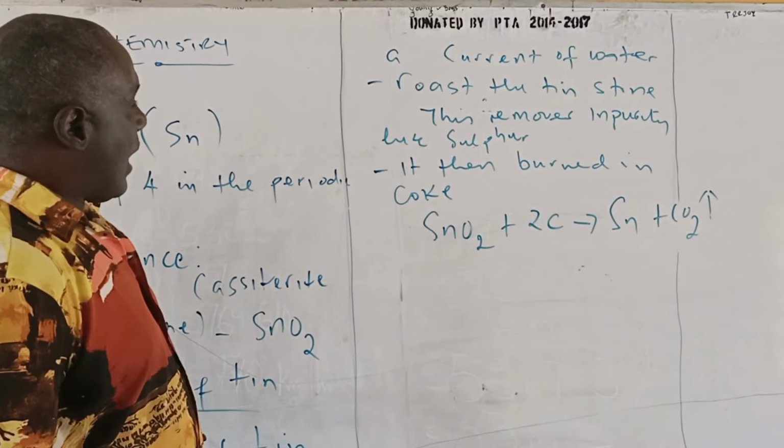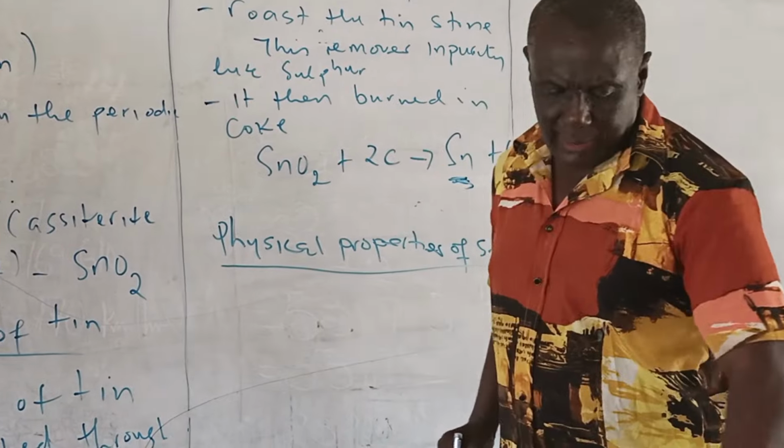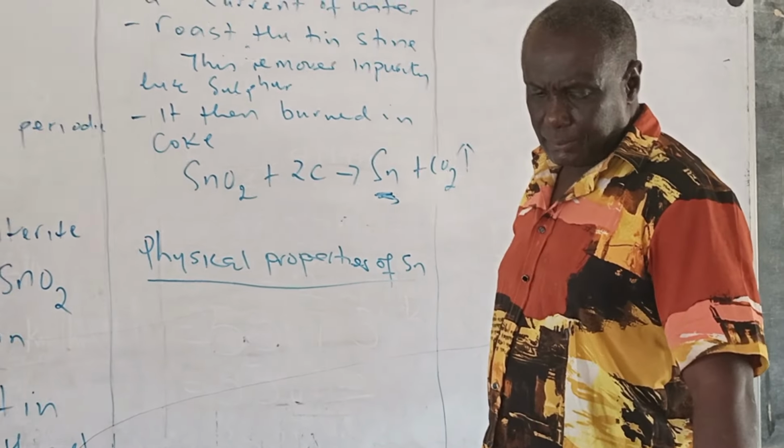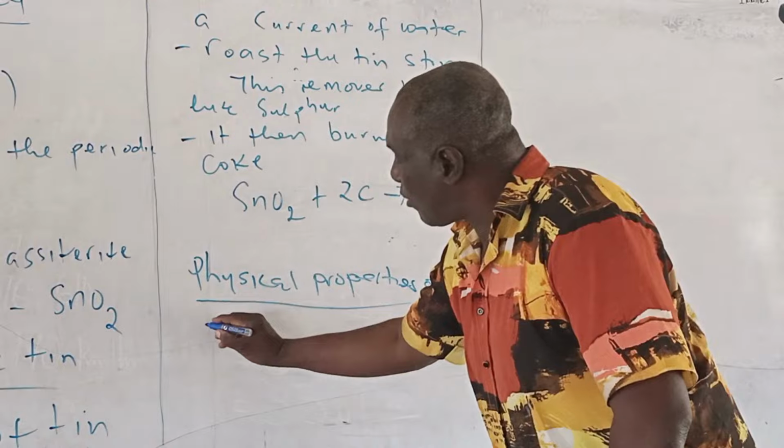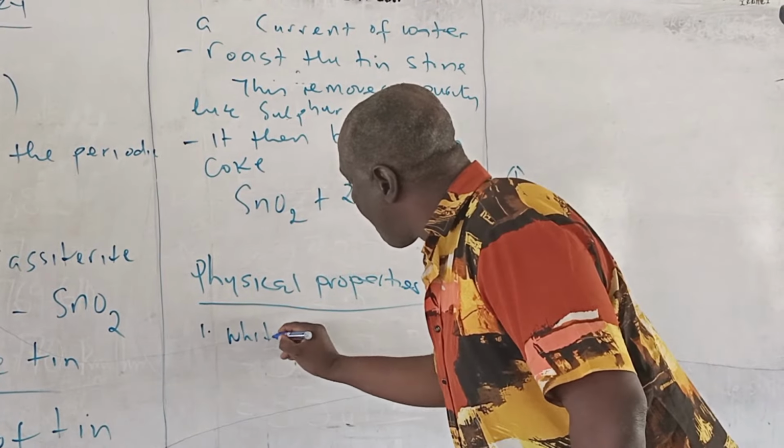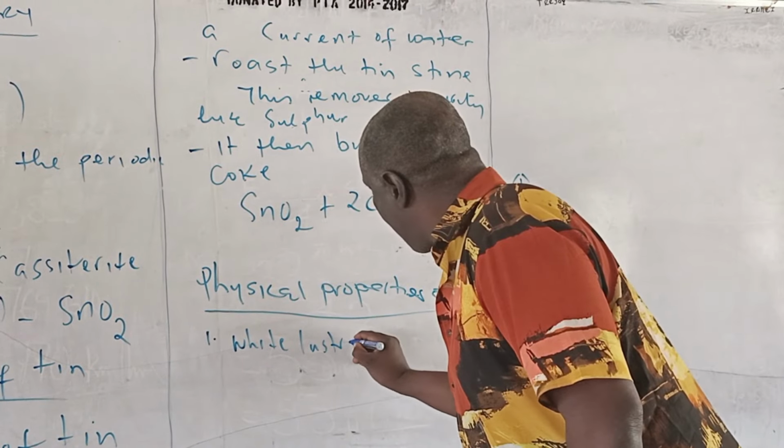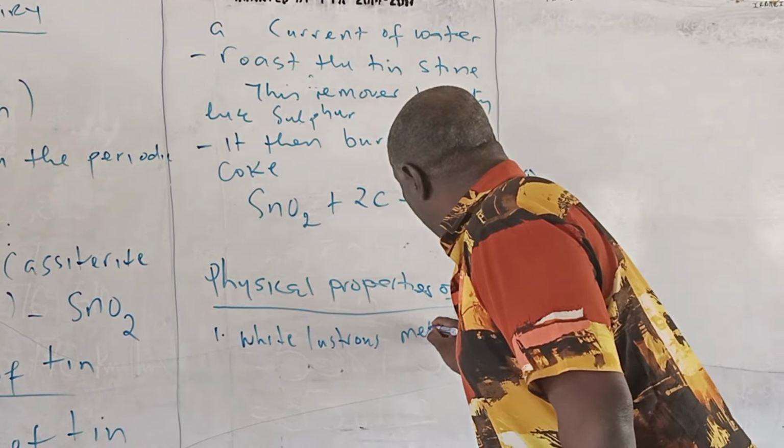So with this, we have been able to produce tin. So what are the physical properties of tin? One, it is a white lustrous metal.